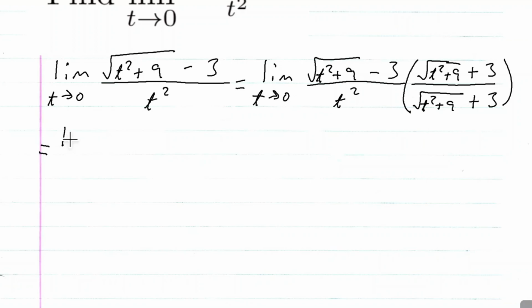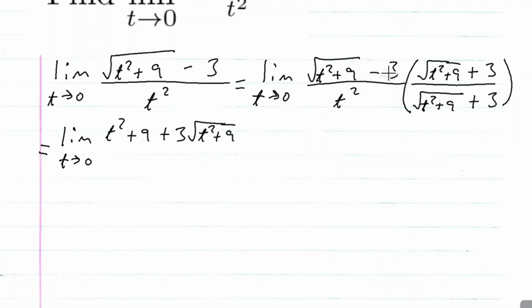So this is equal to the limit as t approaches 0. The square root of t squared plus 9 times the square root of t squared plus 9 is just t squared plus 9. Then the square root of t squared plus 9 times 3 is plus 3 times the square root of t squared plus 9.